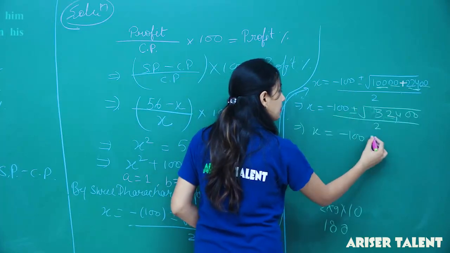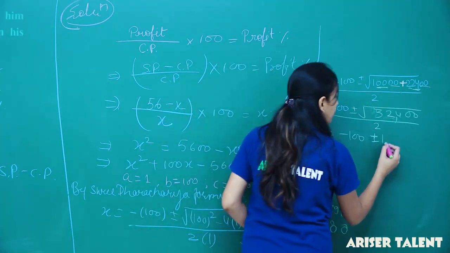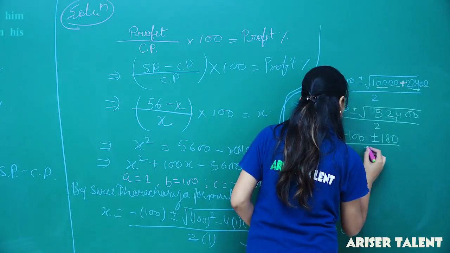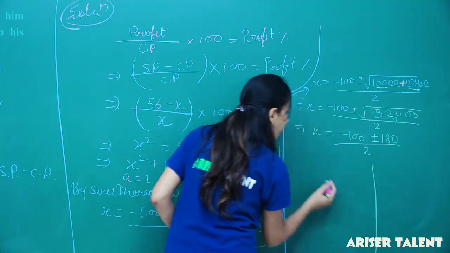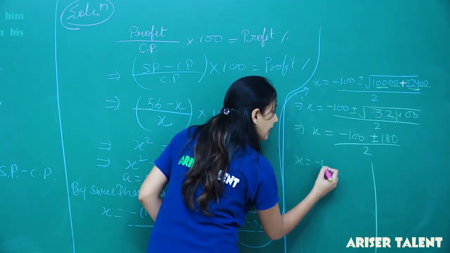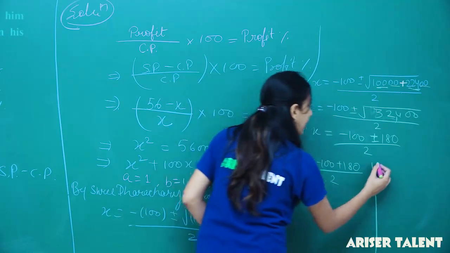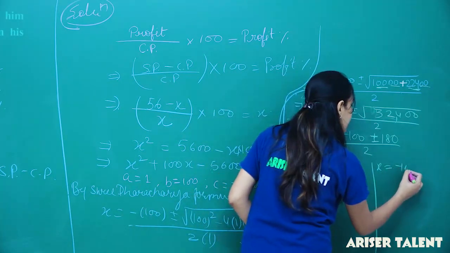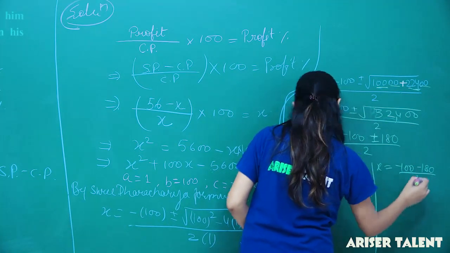So that will be minus 100 plus minus 180 by 2. Here, students, I can have two values: x equals minus 100 plus 180 by 2, and x equals minus 100 minus 180 by 2.